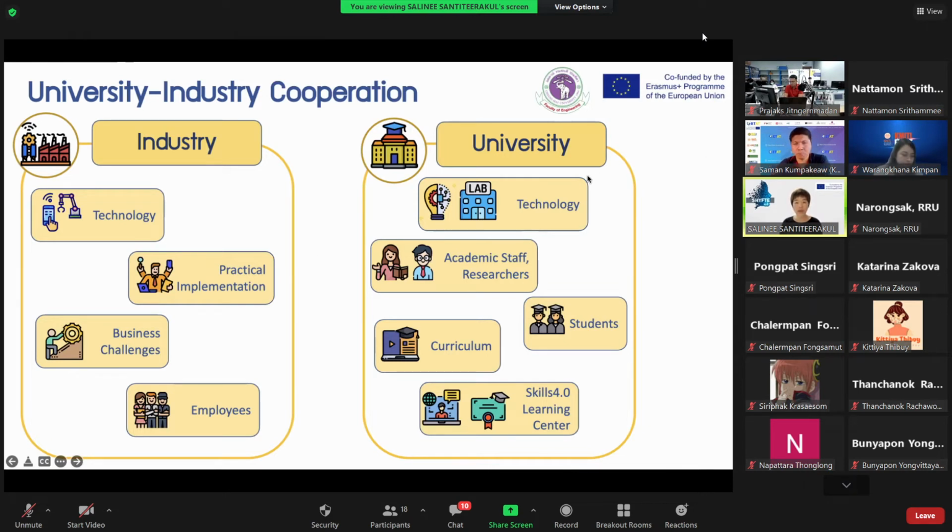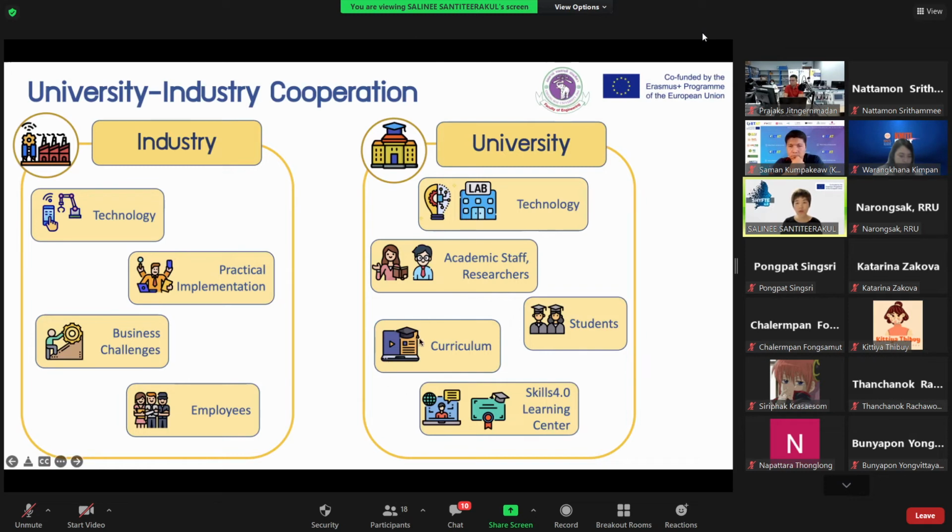And for the university side, we have some technology at lab scale. We have expertise as academic staff and researchers. The main mission of the university is to develop or create good quality students.